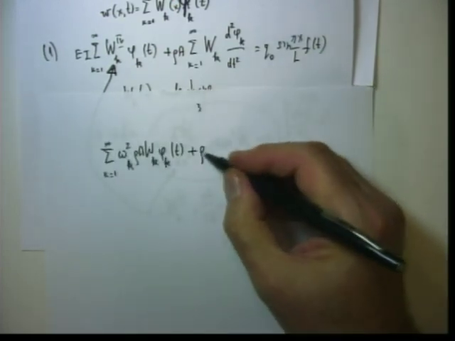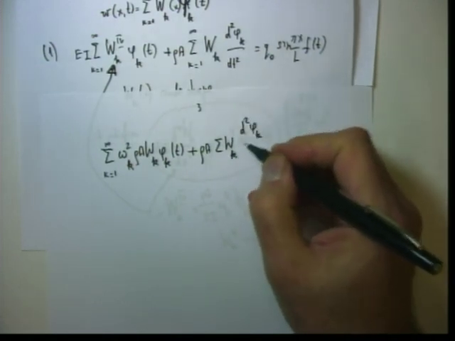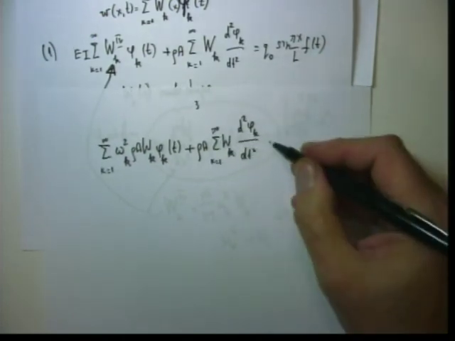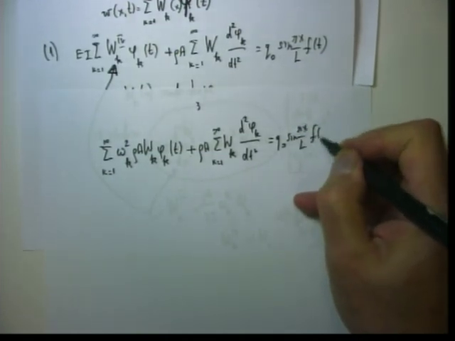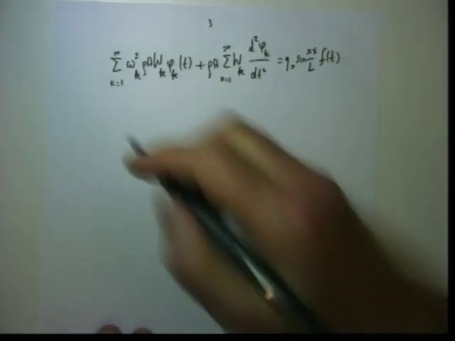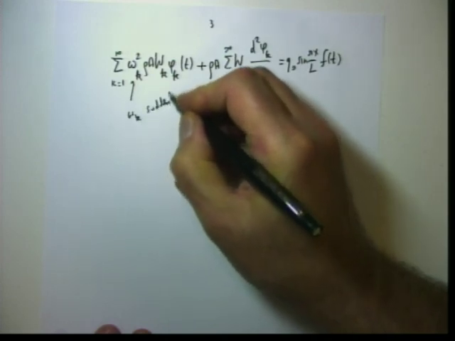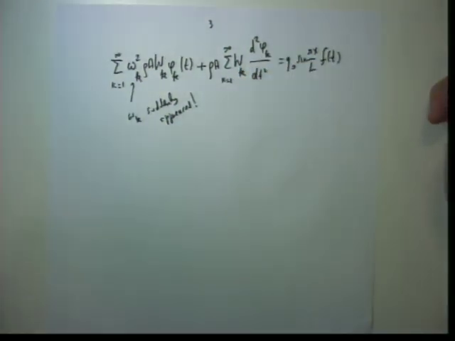Then plus rho A, W k, second derivative with respect to t, k from 1 to infinity, and this equals q0 sine pi x over L f of t. So I'm left with this equation. First of all, pay attention, omega k suddenly appeared, because I used mode shapes.